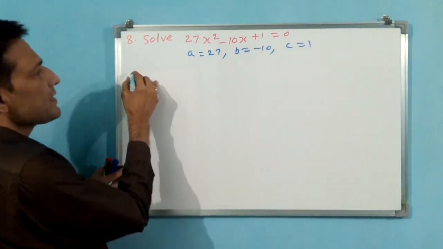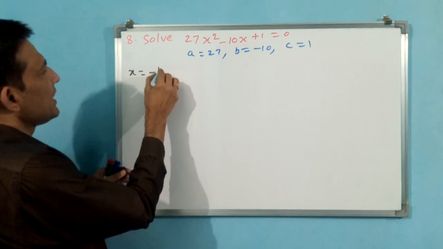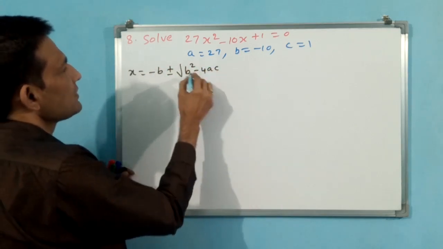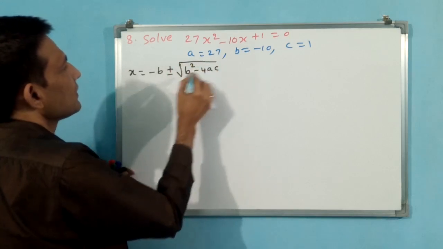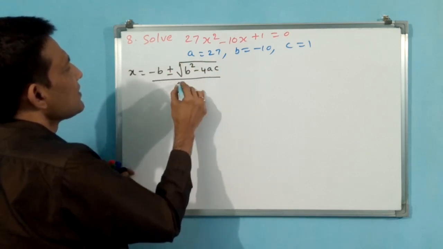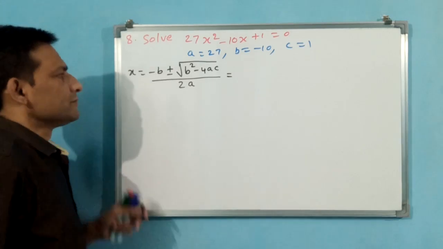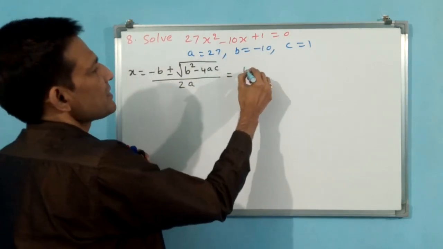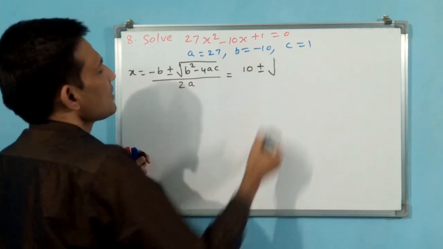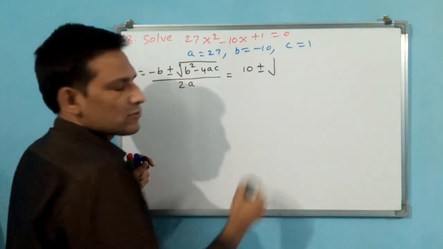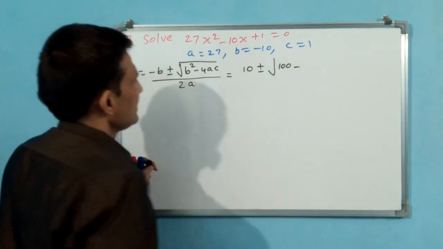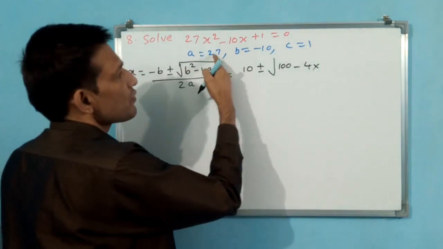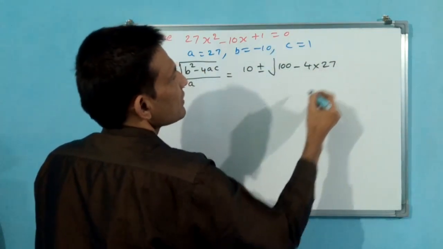Now write the formula. X is equal to minus B plus or minus square root of B square minus 4AC, by 2A. See, already minus is there. Minus of minus plus, that means 10, plus or minus square root of B square, minus 10 square is 100, minus 4 into AC. 4 into, you see, A is 27 into 1, that means 27 you can write.